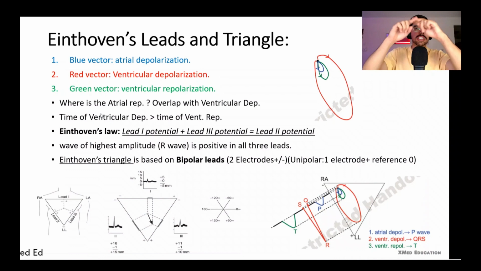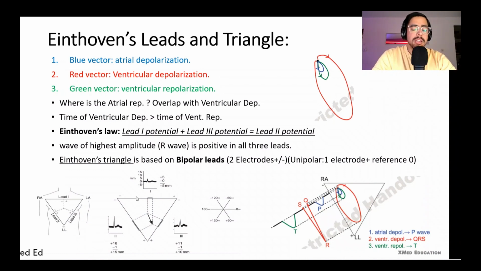So they are 3 directions and they make a triangle. The one that goes from this side to this side, we call lead 1. The other one that goes from the right arm to the left leg, we call lead 2. And the one that goes from the left arm to the left leg, we call lead 3.